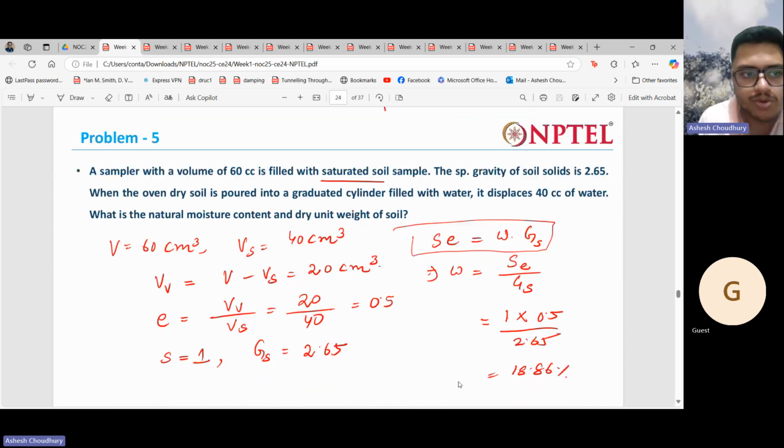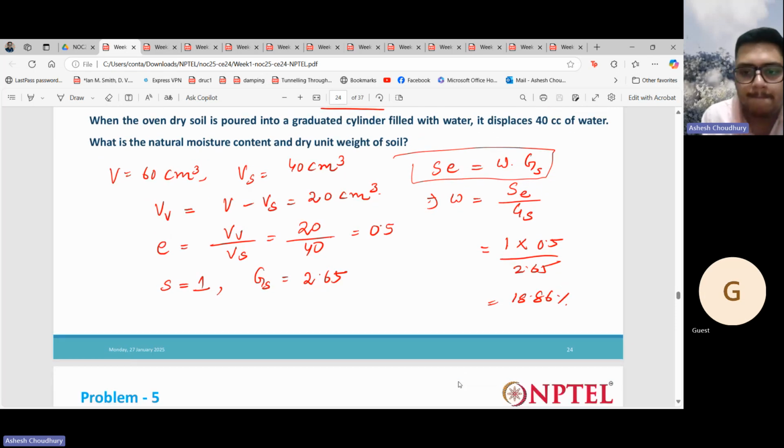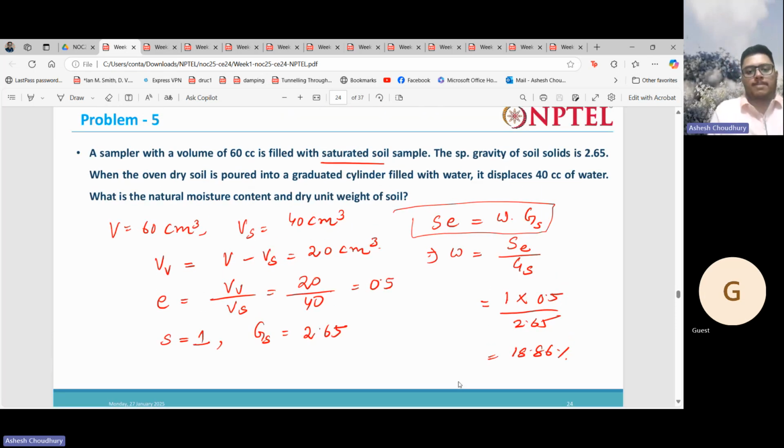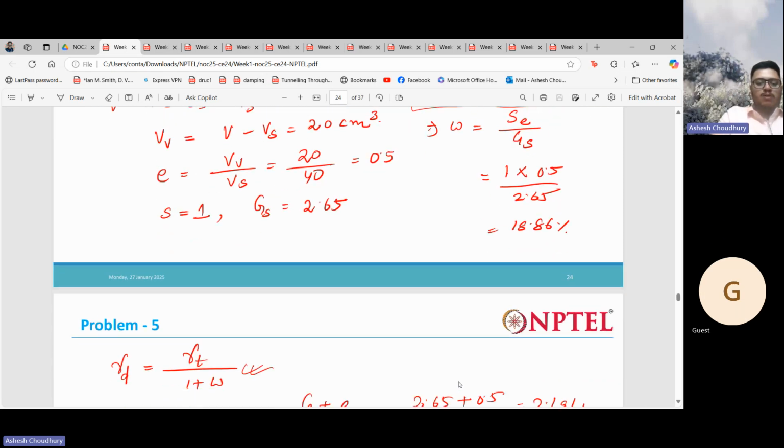Then we solved some more similar problems. We found natural moisture content, dry unit weight, similar problems, right?